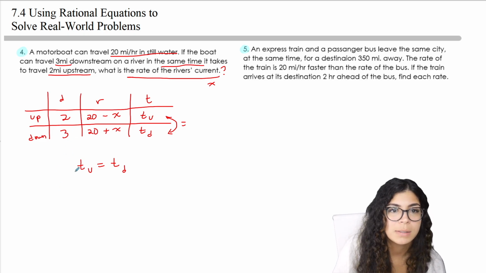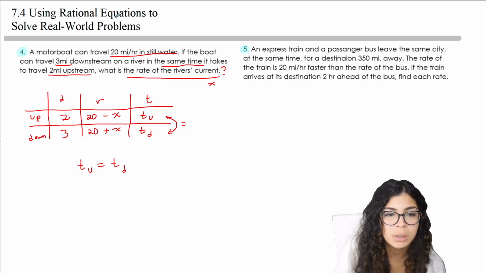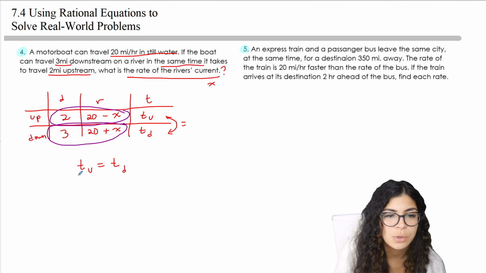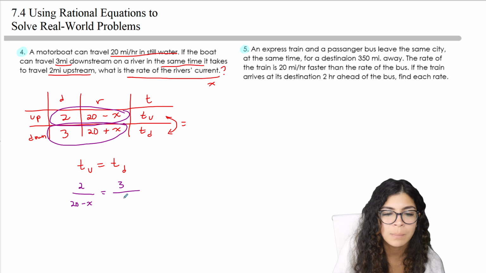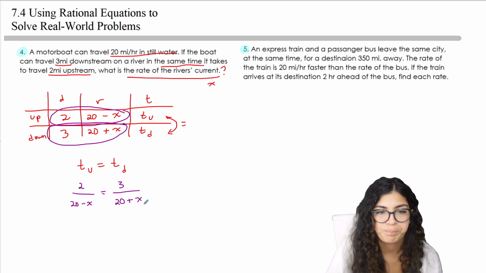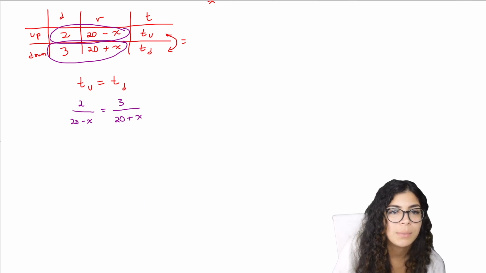So let's go ahead and write our proportion, right? Time equals distance over rate. So we have time would be 2 over 20 minus x for upstream, and time would be 3 over 20 plus x for downstream.